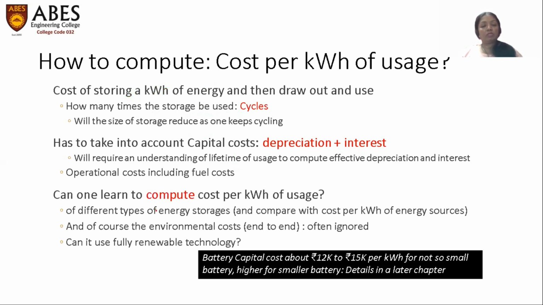Including all these costs, the battery capital cost is almost around 12K to 15K per kilowatt hour for the small battery, and for the larger battery, it can be a little smaller. So when we are computing the overall cost per kilowatt hour for usage, not only do we need to include the cost of charging the battery, we need to include the fixed cost of the battery along with its depreciation and the interest.